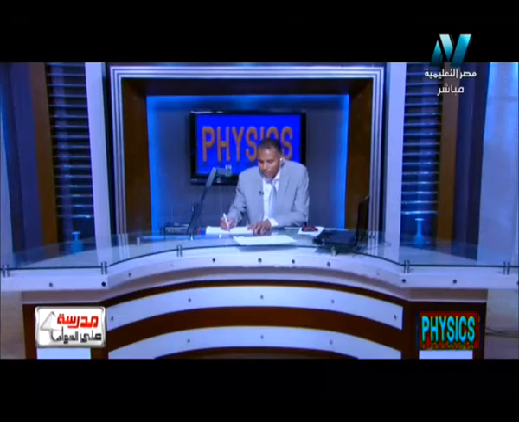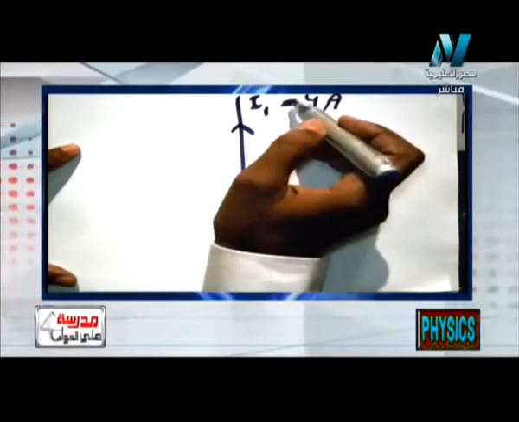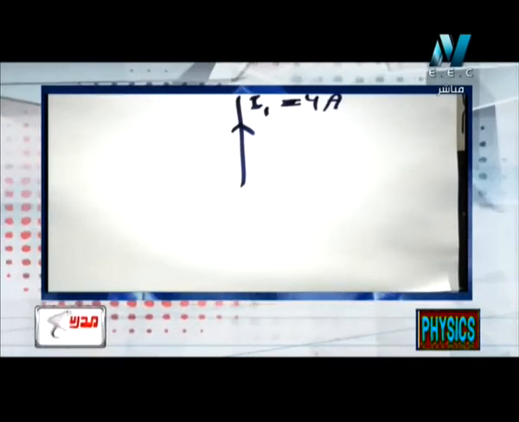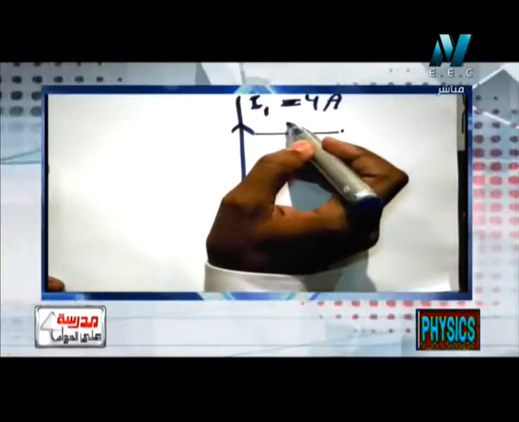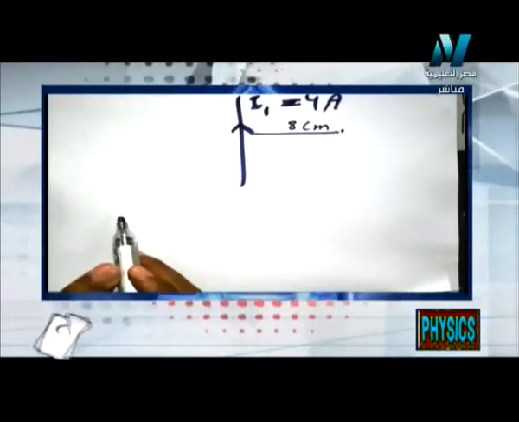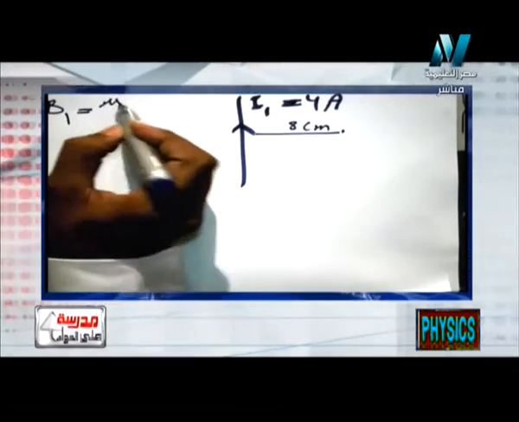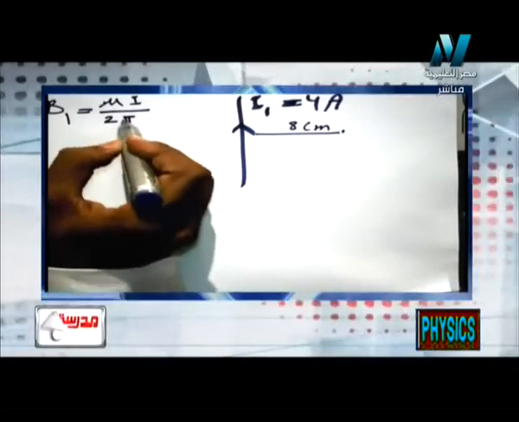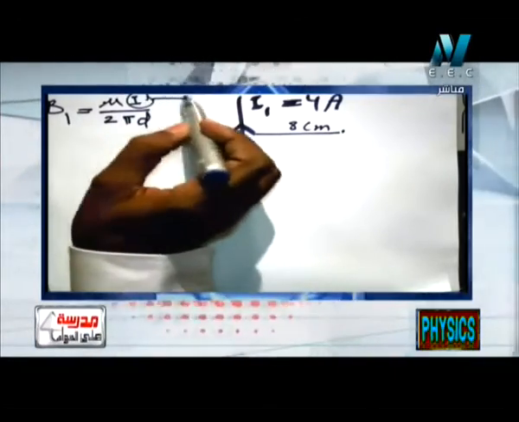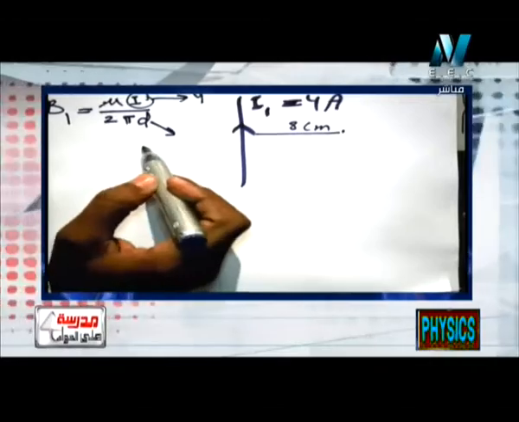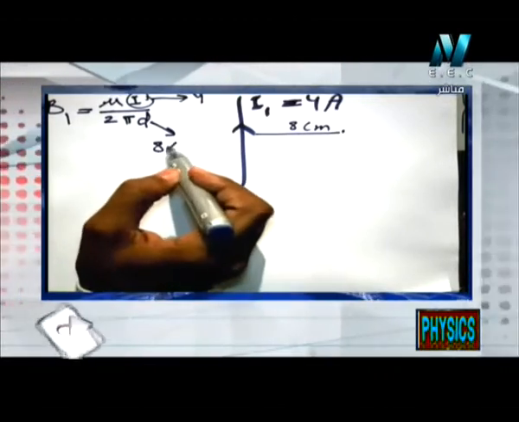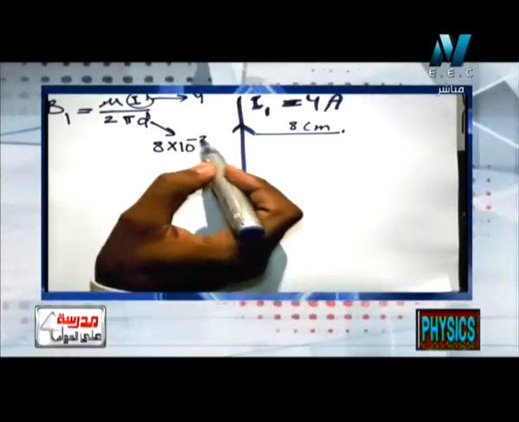The first wire carries current I1, which equals 4 ampere, and the point is located away from it by 8 centimeter. So here, beta 1 equals mu I over 2 pi D. I here equals 4. The distance here equals 8 centimeter. Of course, we should convert it into meters, multiply by 10 power negative 2.